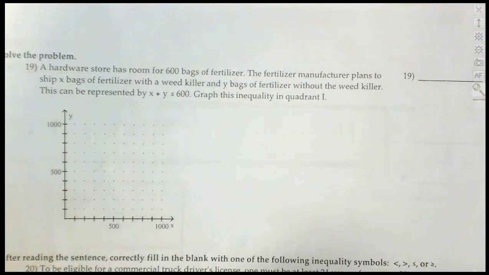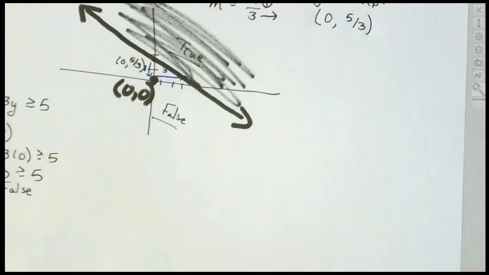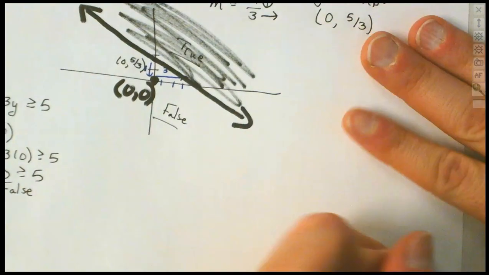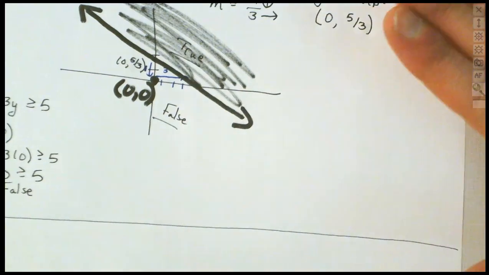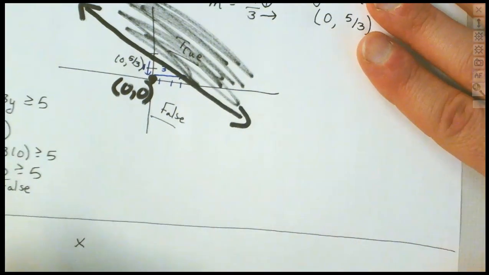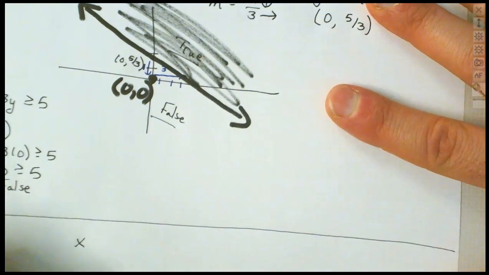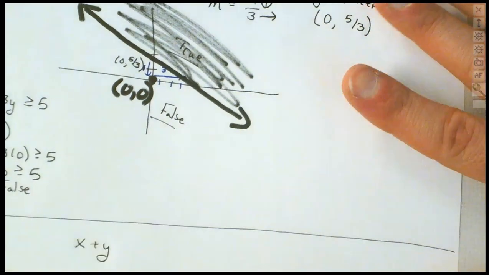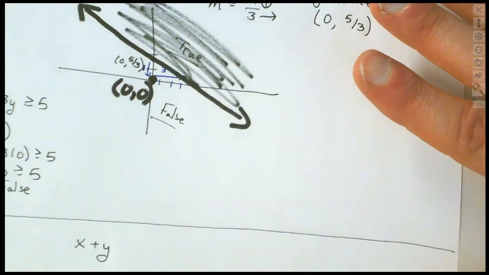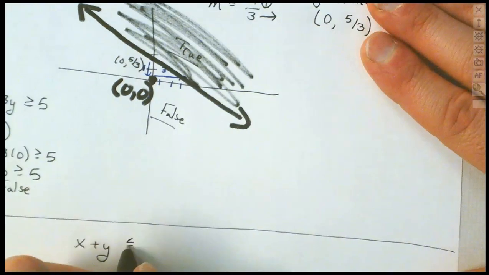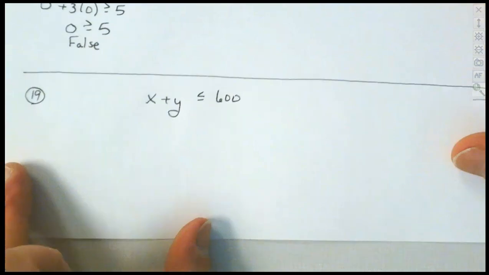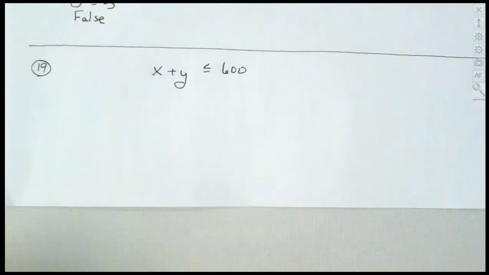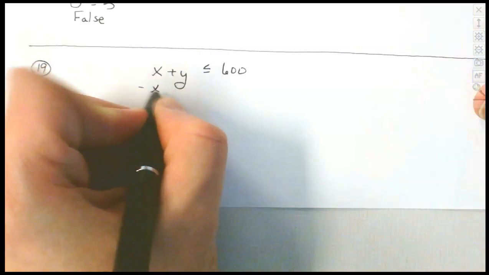So what are we going to do? I'll just graph this one on the paper here. So we've got this equation. This is question 19. And we've got x + y ≤ 600, because we can't have more than 600 total bags of fertilizer. And this one's easy to graph. Move the x over.